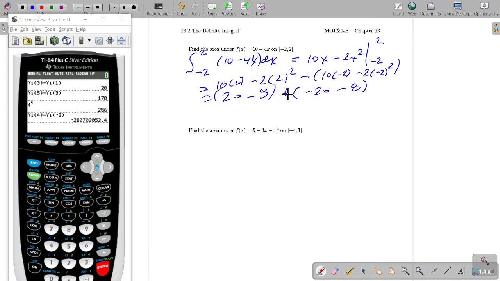So these are going to become positive. So I get 20 plus 20 is 40, and the -8 and the +8 cancel.